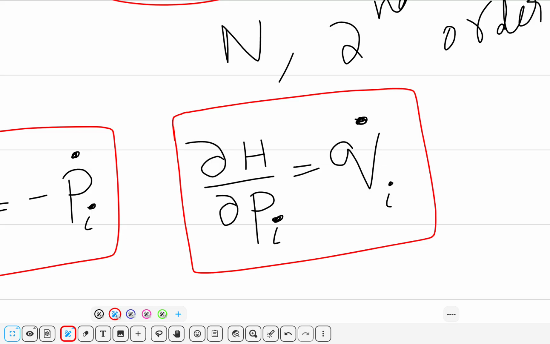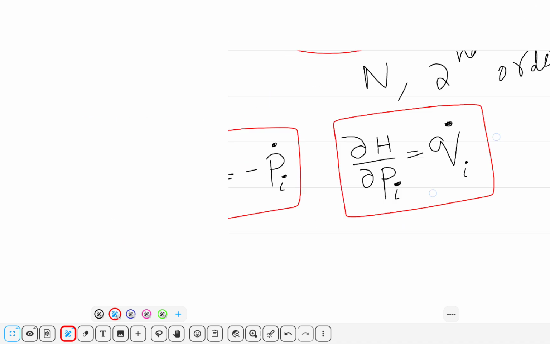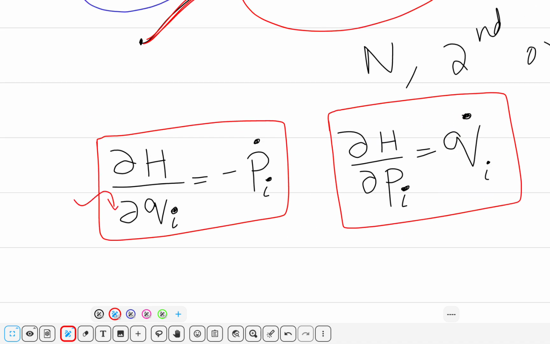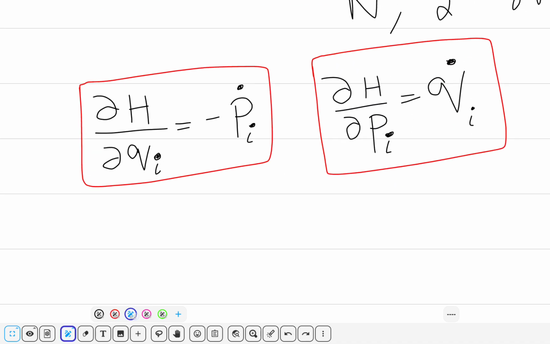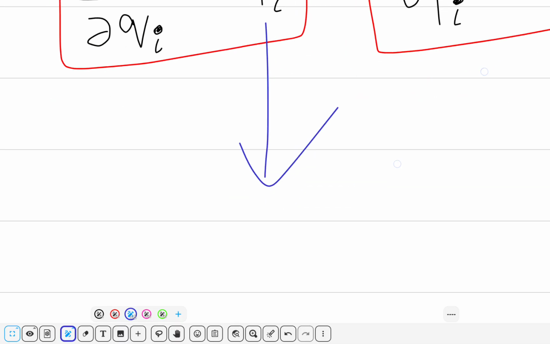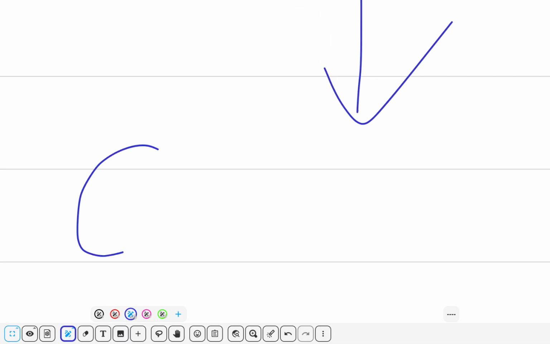Okay, if Lagrangian is difficult for us, we go to Hamiltonian and reduce our problem. But sometimes we want to reduce our problem further. Then we have another way. If we want to reduce our problem further, we use something called this.